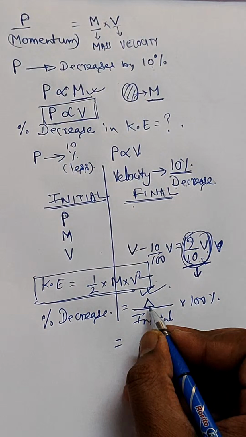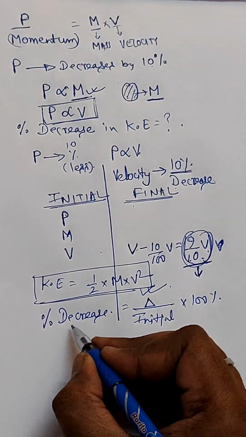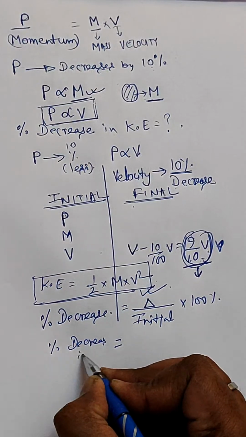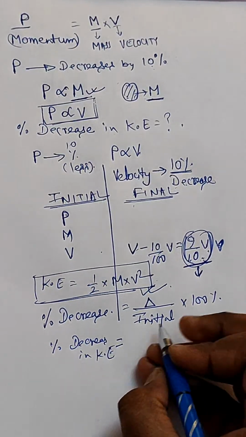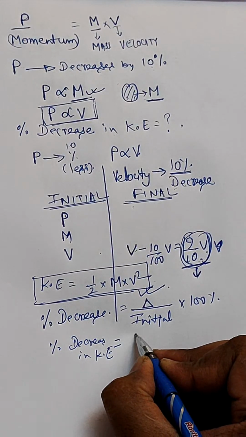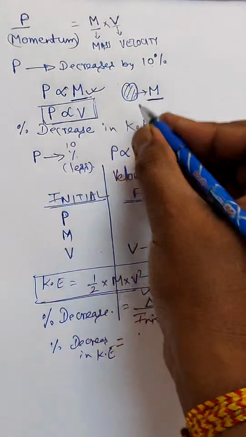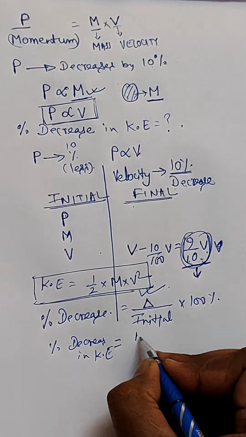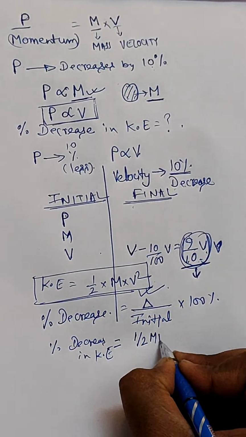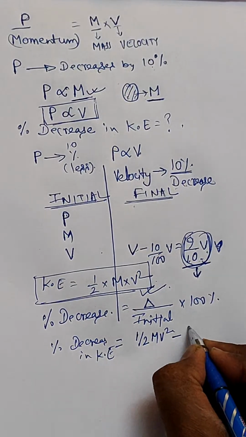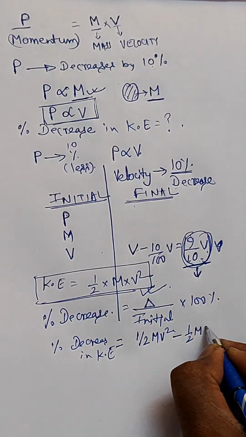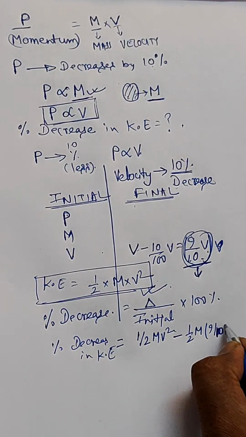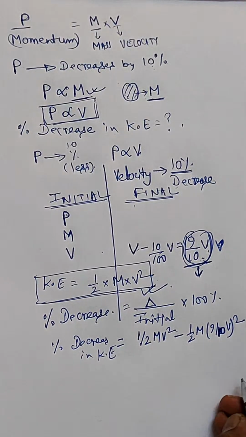So what is delta over here? Delta is the change in kinetic energy. Because we are calculating the percentage decrease in kinetic energy, this will be the initial minus final, that means the change. Delta is the change. So we can say initially it was half m v square, now it is half into m into 9 by 10 times 9 by 10 times v square, right?